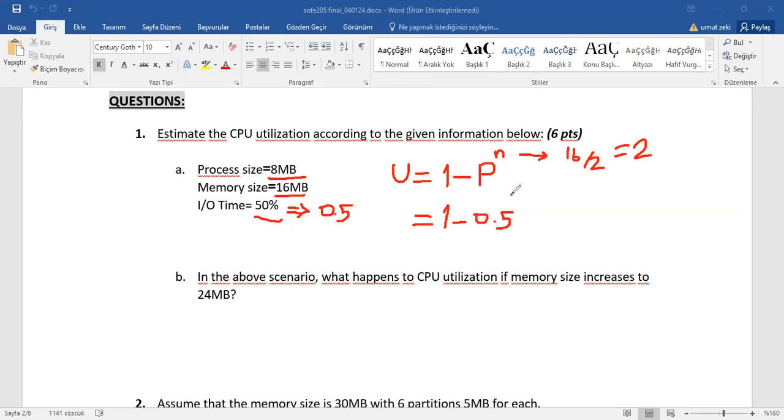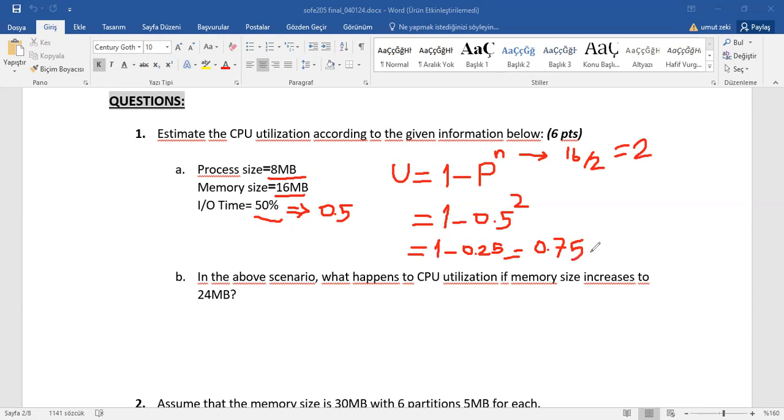So this will be 0.25, the square of 0.5. So 1 minus 0.25 will be 0.75.